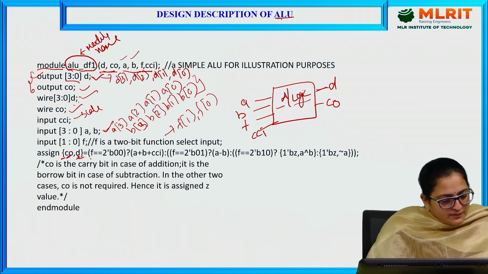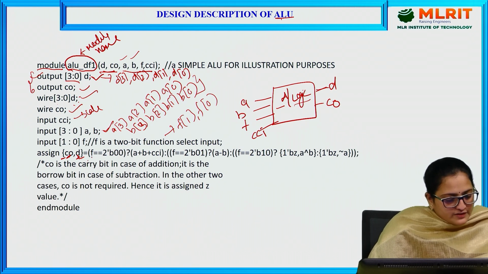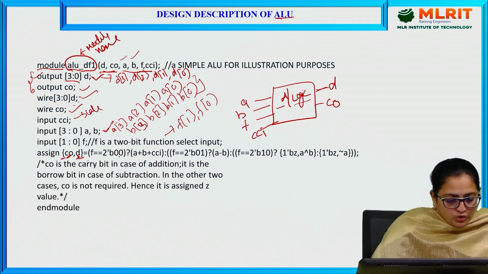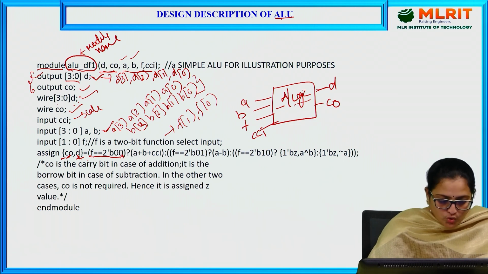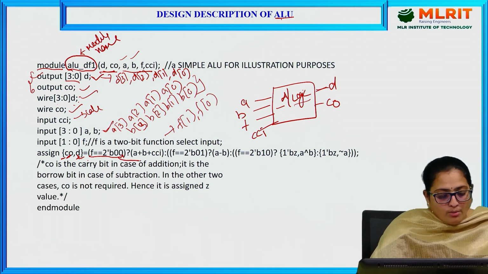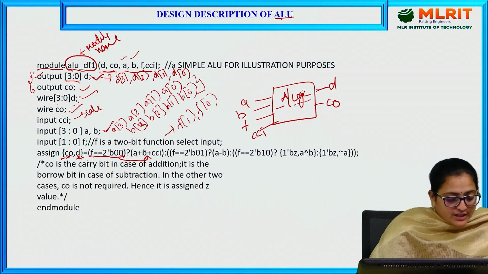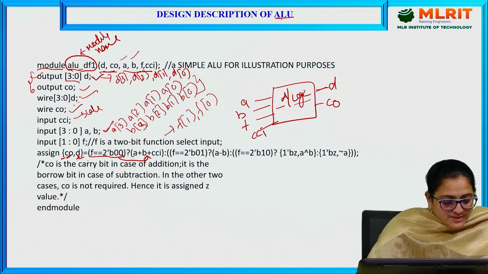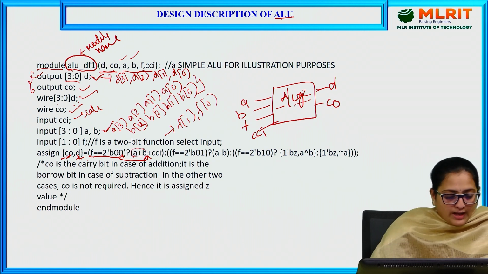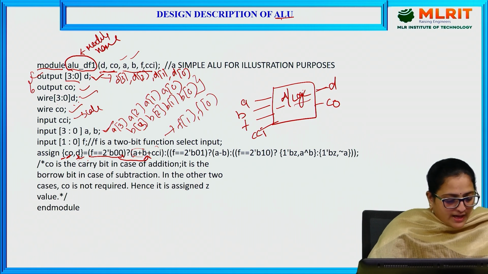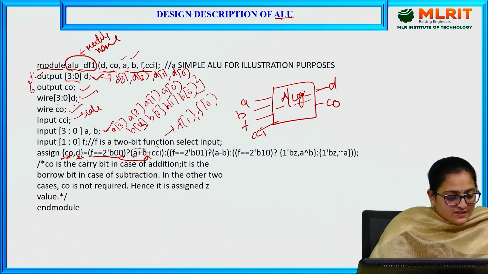I have considered F as a selection line. If F is equal to the 2-bit binary value 00, then I am asking to perform A plus B plus CIN, which has to be stored in C0 and D. A and B are 4-bit vectors, and the addition of A, B, CIN provides a carry out, which will be given to C0, and the sum will be stored in D.